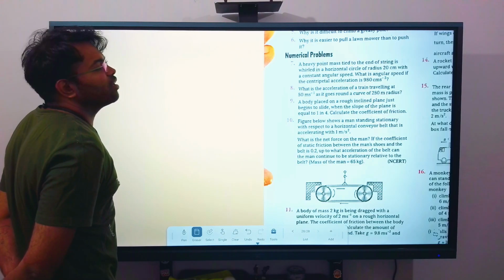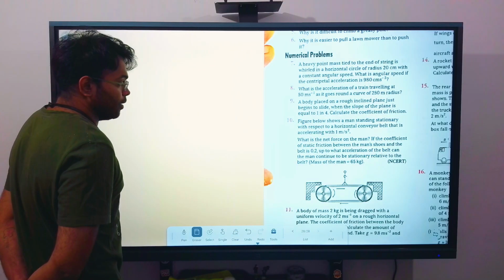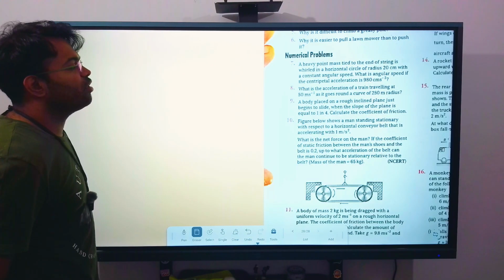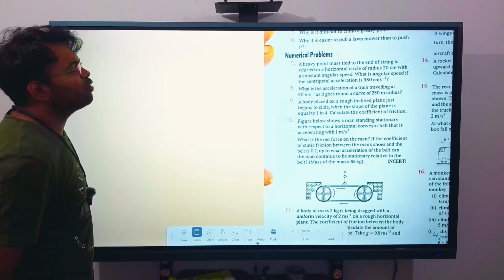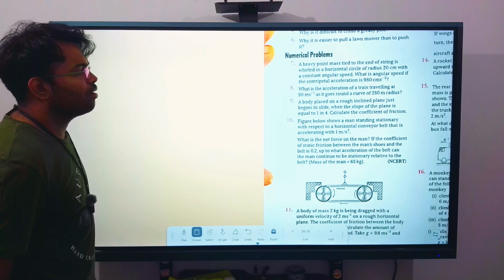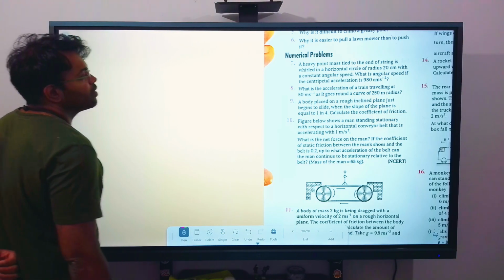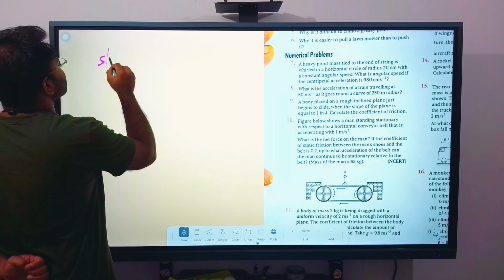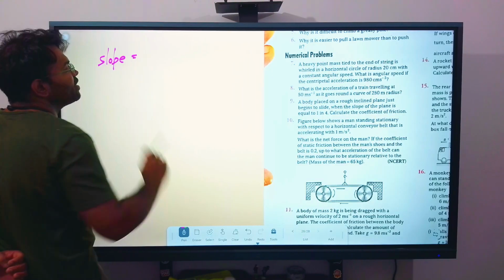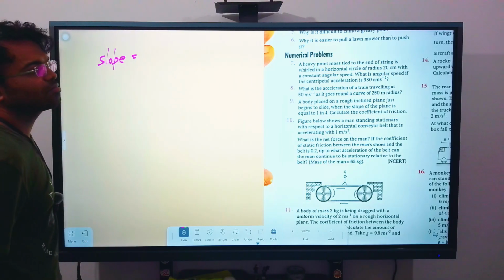A body placed on a rough inclined plane just begins to slide when the slope of the plane is equal to 1 in 4. Oh, 1 by 4. What is the representation of slope, Drupad? How is slope represented?